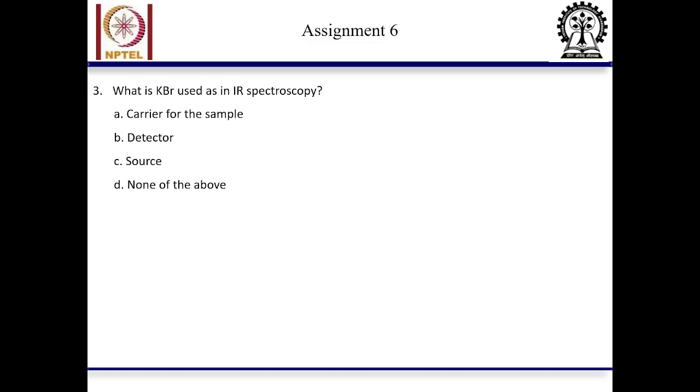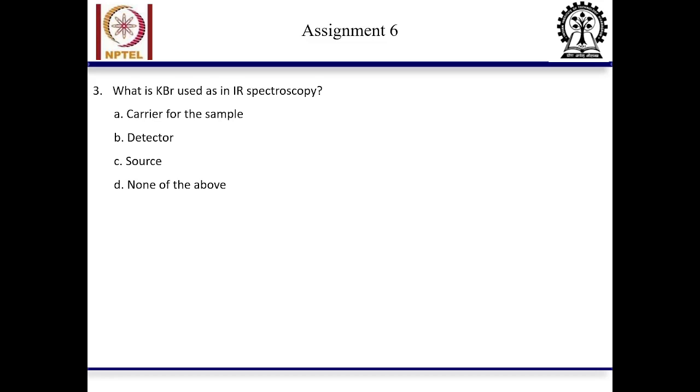What is the answer for question number 3? Can anyone write in the chat box, whether it is A, B, C, or D?